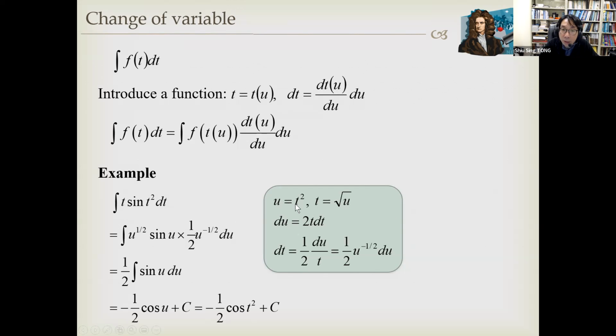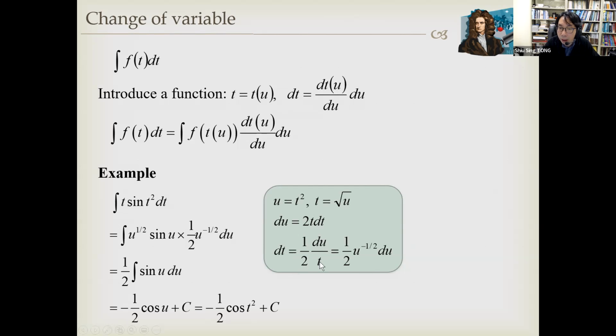If I define u equal to t squared, then t is equal to square root of u, right? And du by this expression is just equal to 2t dt. So I can make dt the subject of the formula. This is du over 2t. I eventually should eliminate this t.